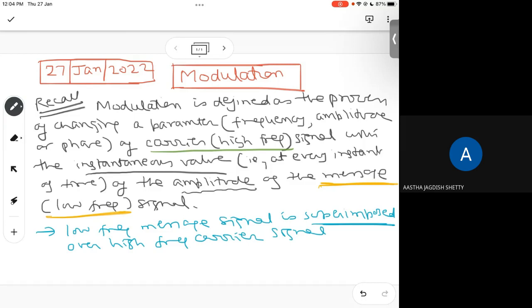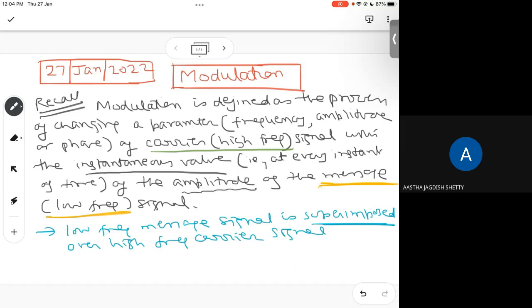Because it is written over a high frequency carrier, I need to carry only a very small antenna, because high frequency means wavelength, which is c over f, is very small. And then it is transmitted. At the receiver end, finally, the reverse process starts. It is called demodulation or detection, which is the inverse of modulation, because finally the same message has to go through in a normal way.